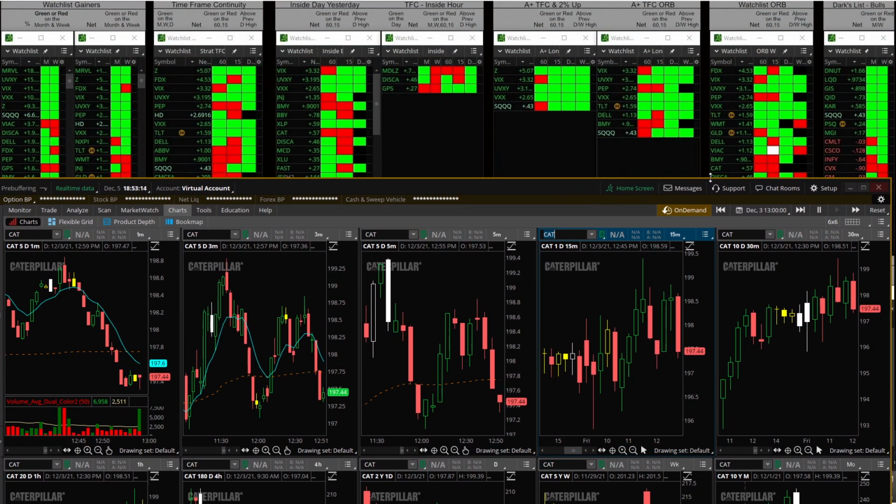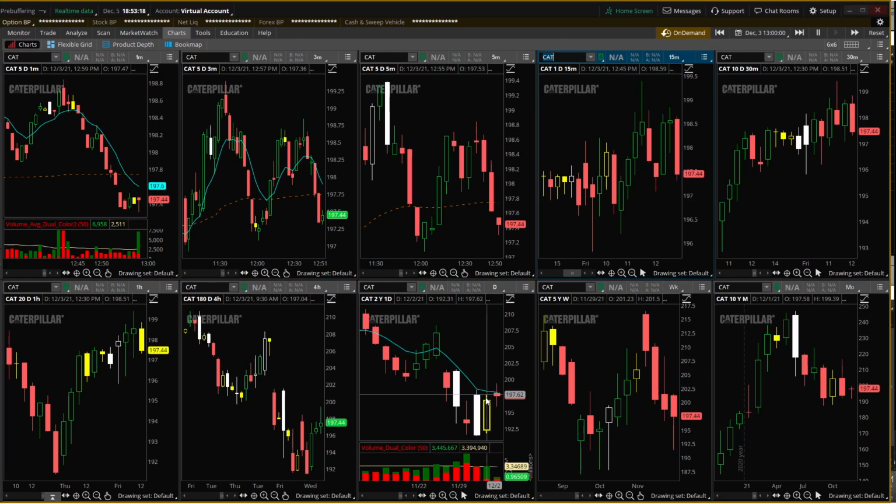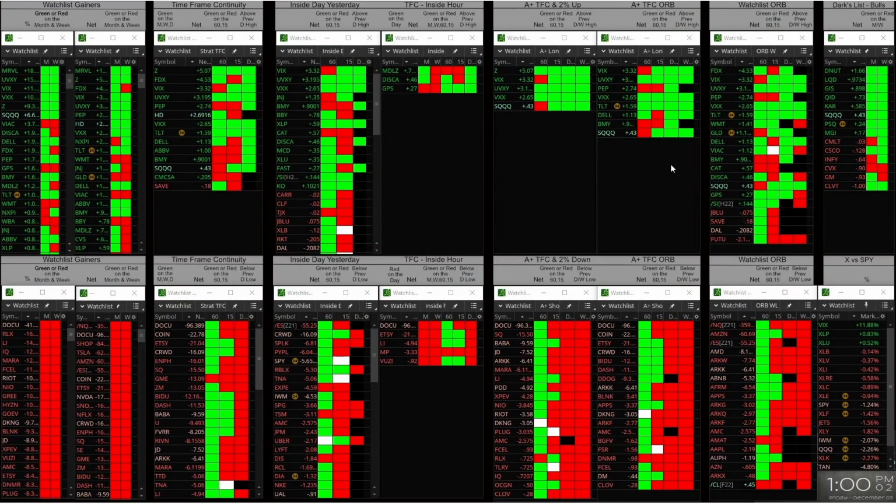CAT is trading above the previous day's close. The previous day's close is 196.79. We're currently trading at 197.44. So we're above the previous day's close, and that's what Thinkorswim looks at when it's making these names red or green.